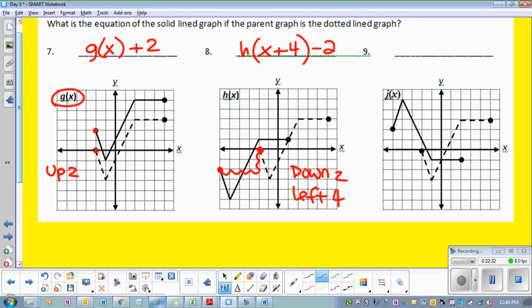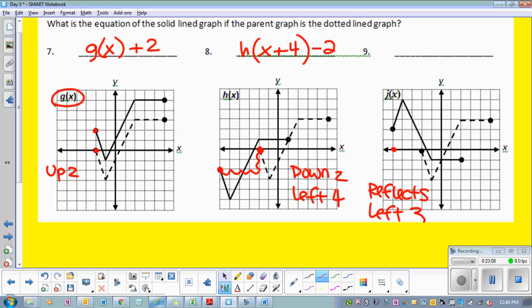Oh, so the next one is a little bit crazy. First off, what do you notice? It's flipped. It flipped, yeah, because it went from a V to a caret, right? So you know that it flipped. Okay, so we have a reflection. And then let's see what else it did. So from this point to over here, 1, 2, 3.